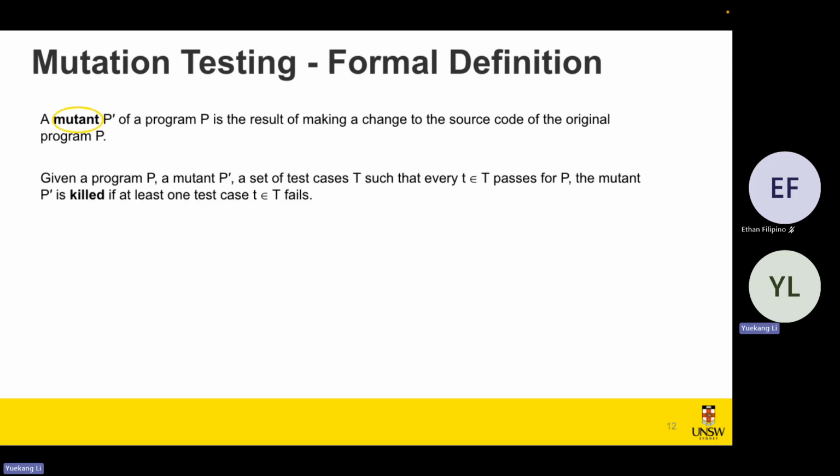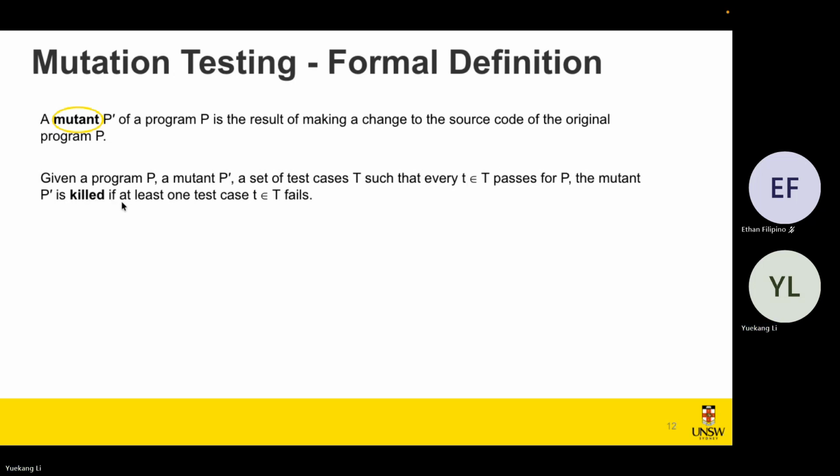Given an original program P, a mutant P prime, and a set of test cases such that every test case inside the test suite can pass the original program, which means that the test cases must not fail on the original program. Otherwise, there are some bugs in the original program, right? So the original program must be free from bugs that could be captured by the test suite.